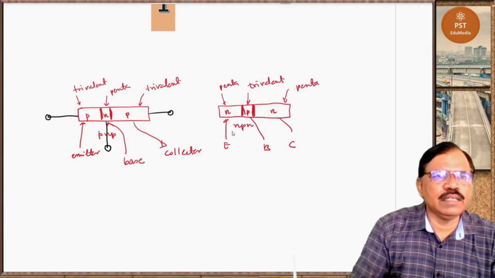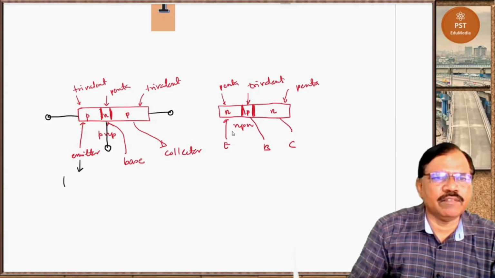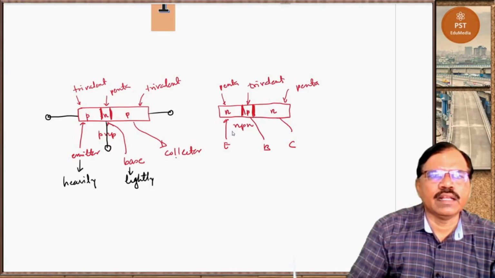Now this emitter region is heavily doped. This base is lightly doped, while this collector region is moderately doped.